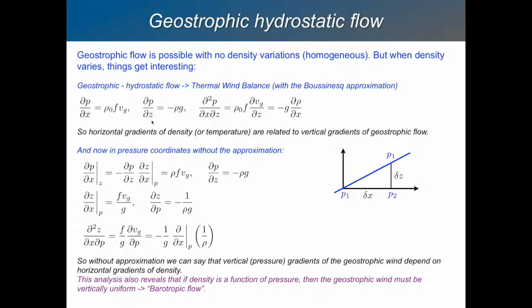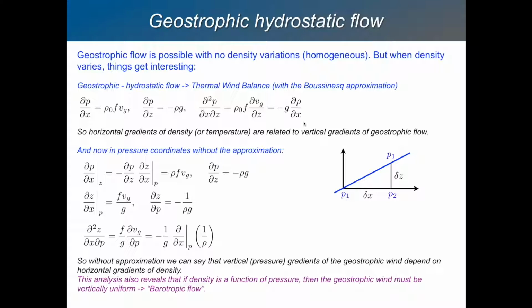So you just cross-differentiate those two equations to give you d squared p by dx dz, and you'll get this equality between these two terms. The dVg/dz is related to d rho/dx. So the vertical gradient of the flow depends on the horizontal gradient of the density. That is thermal wind balance.